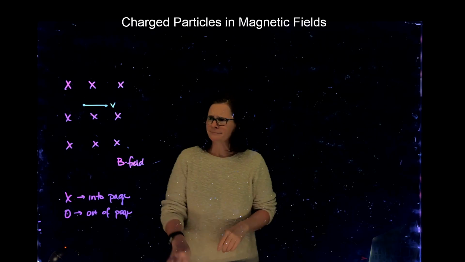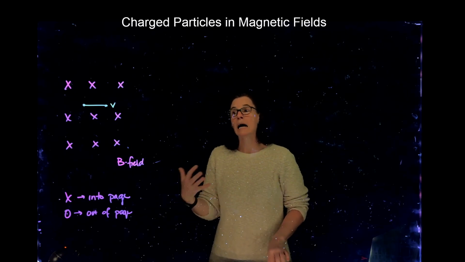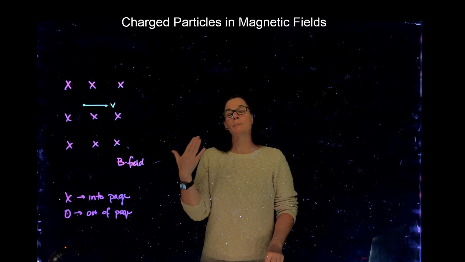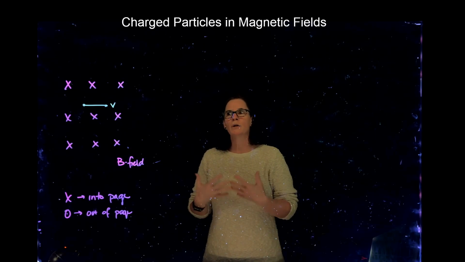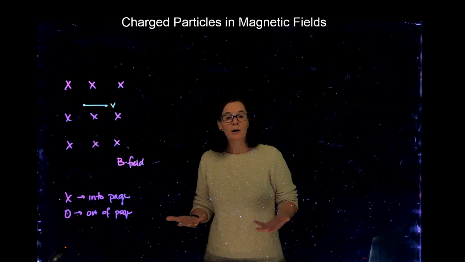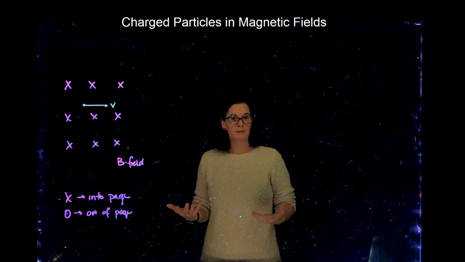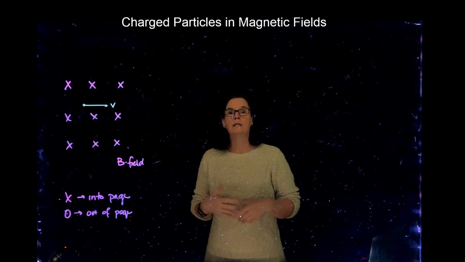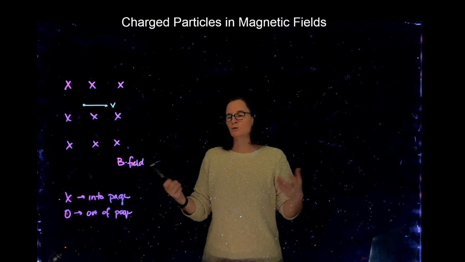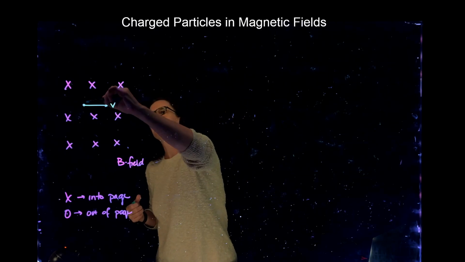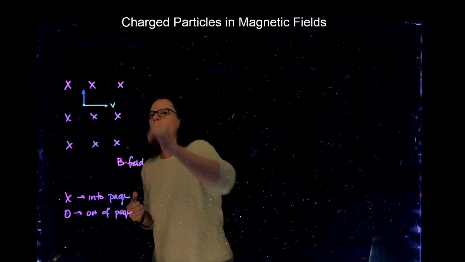Okay, we know that because the field is perpendicular to the motion of the particle, our charged particle is going to feel the maximum force, and it's going to feel a force perpendicular to its motion. So in this case, you just go ahead and use your right-hand rule. It's going to feel this force in the upward direction.